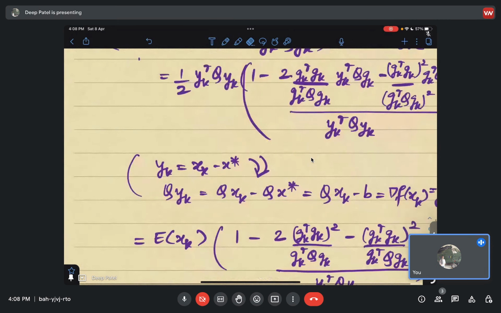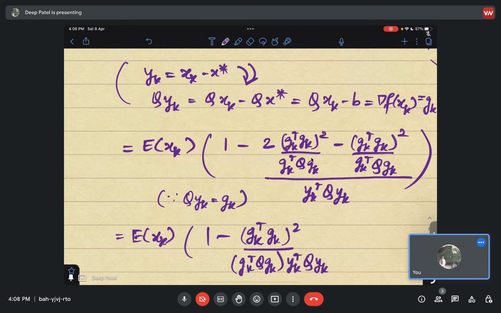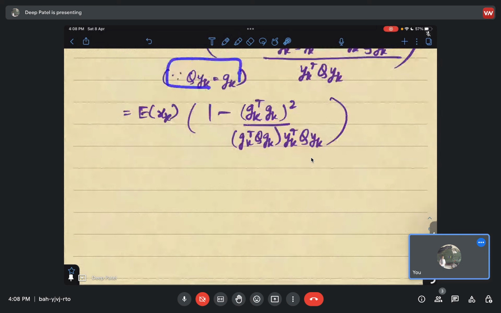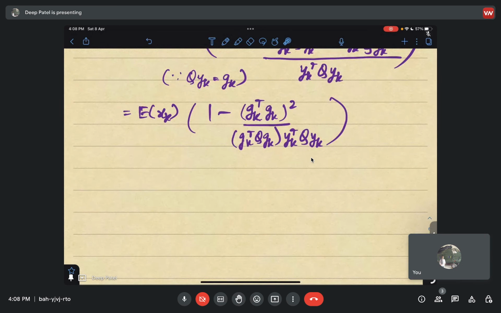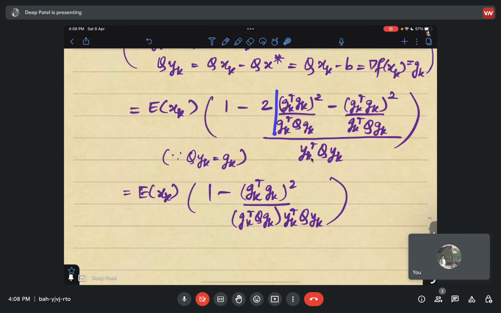Okay, and so here, because q yk is gk, I can again use this fact. Just go one line up. So minus 2, minus 1.